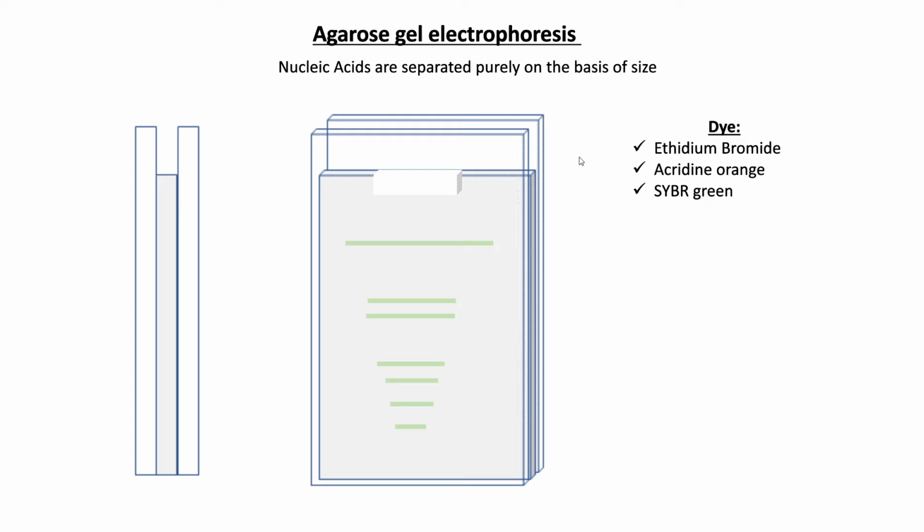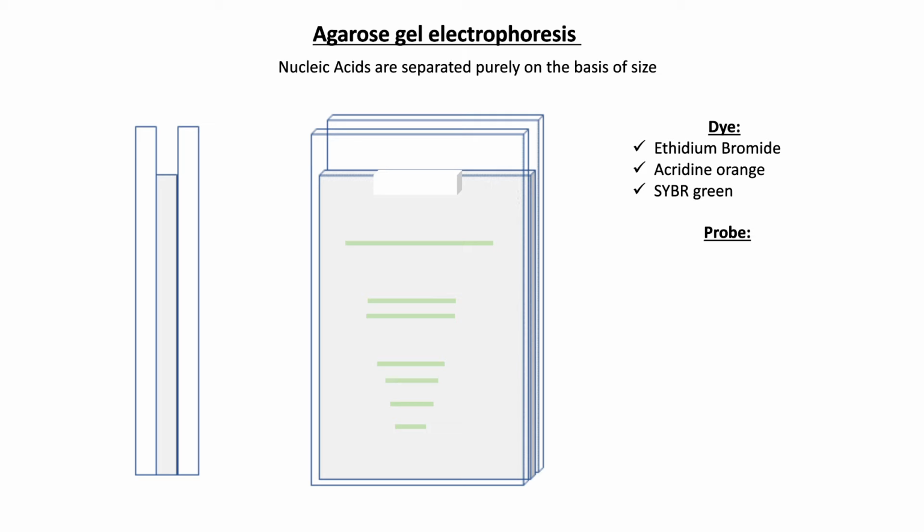So these DNA fragments are visible, but suppose we are interested in a single DNA fragment, means we are looking for a specific sequence. Means we have extracted the DNA from a cell, and we want to know whether this DNA which we have extracted is containing a specific sequence or not.